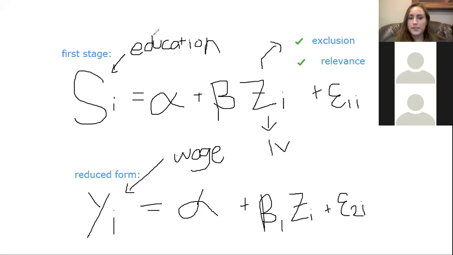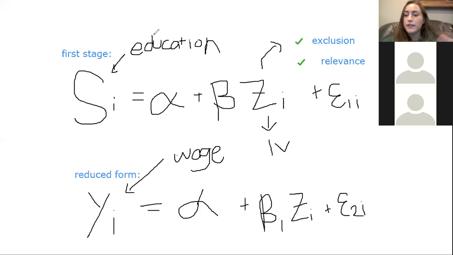So basically, we want to measure the effect of education on wage, but when we do that, we have a selection bias problem. So we found this variable Zi that is related to education, but it doesn't have the same selection bias problem. There's no other variable that affects our Zi that is also affecting Yi. So it's a really clean variable. It has no omitted variable bias problem.